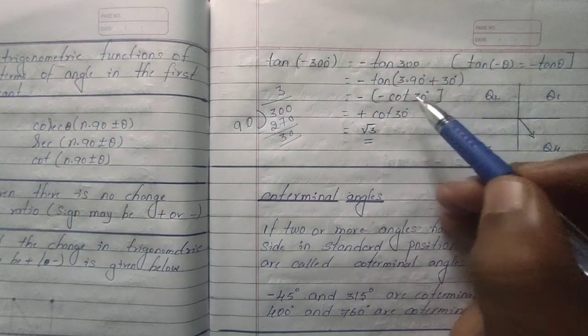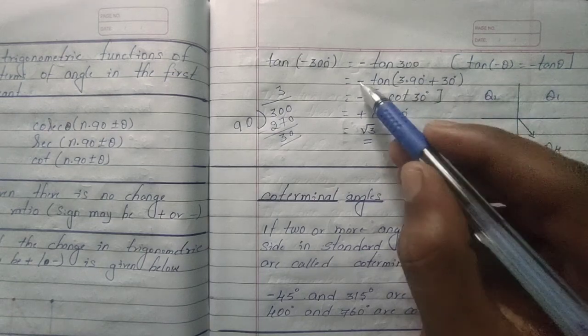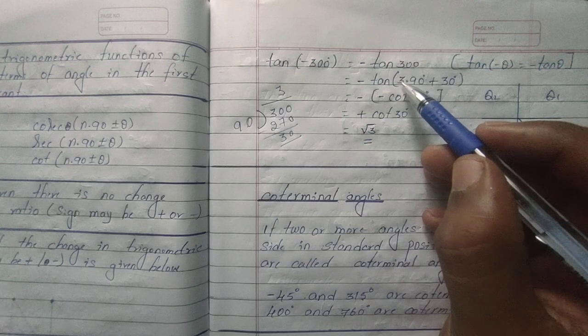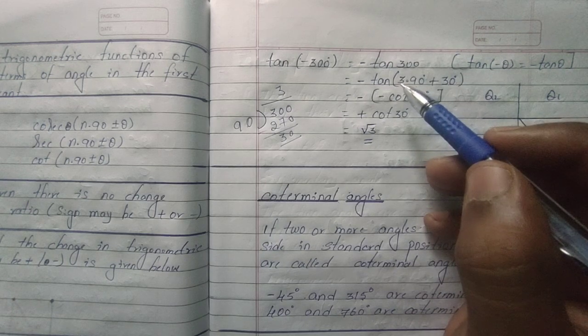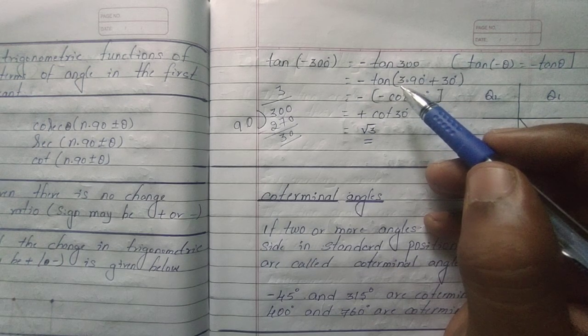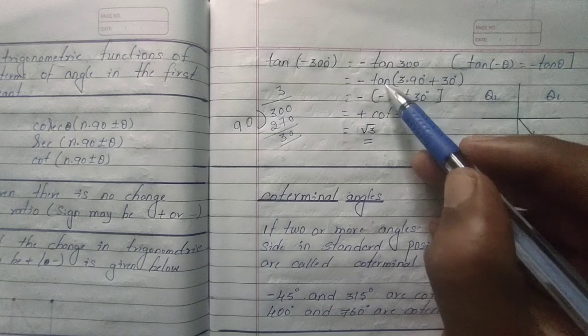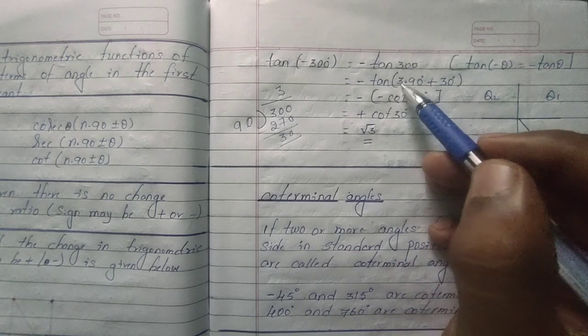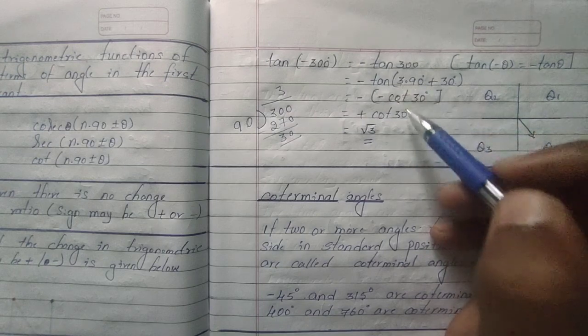Here this minus as it is. 3 is odd number, so sine becomes cos, cos becomes sin, tan becomes cot, cot becomes tan, secant becomes cosecant, cosecant becomes secant. Remember this. So tan will become cot. We need to change the ratio because n is odd number.